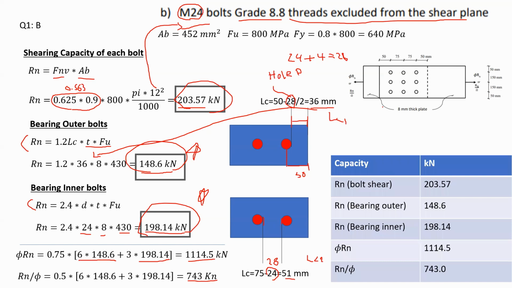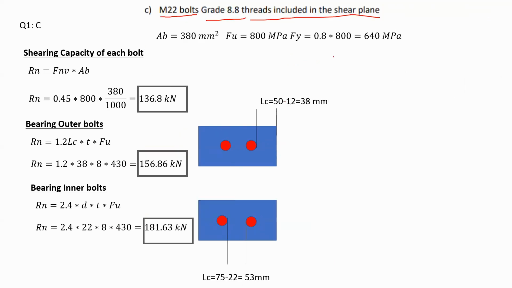Now calculating the shearing capacity again as we did before. Now notice in calculating F and V, I have used 0.45. Why is that? 0.45 because the threads are included this time.